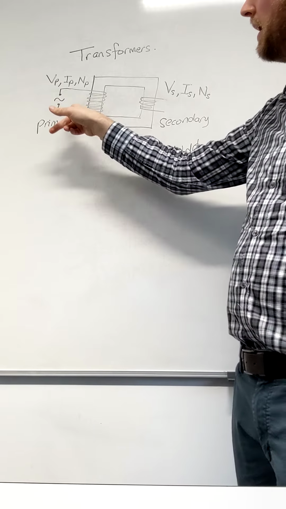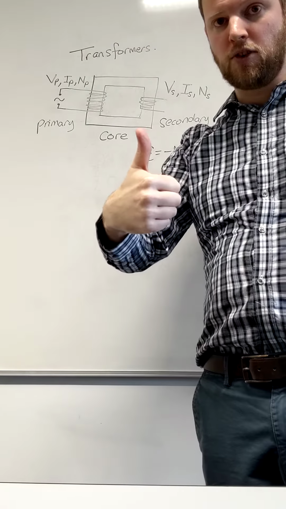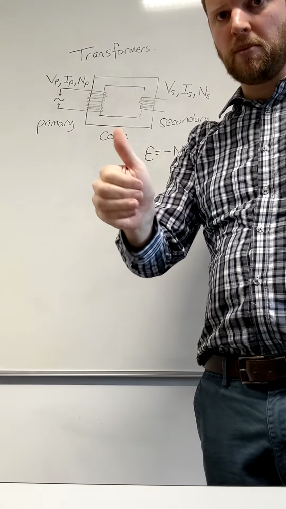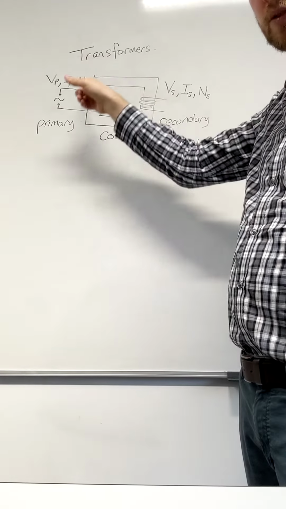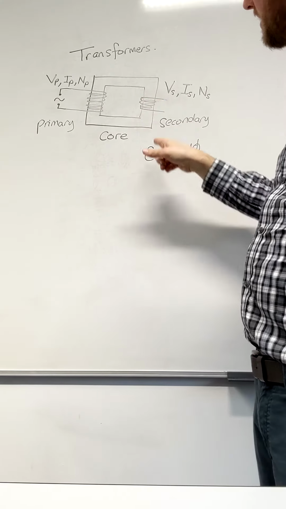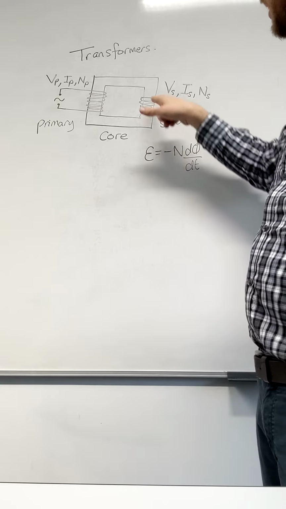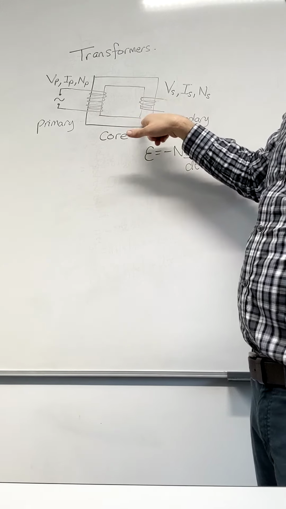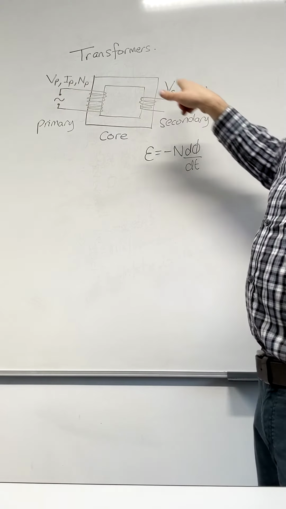So a changing current, because of the right-hand grip rule, causes a changing magnetic field around the wire. So we get a changing magnetic field moving through the core here, and as that passes through the secondary coil, because of Faraday's law, we get a changing EMF induced at the second coil. So these things are linked together.